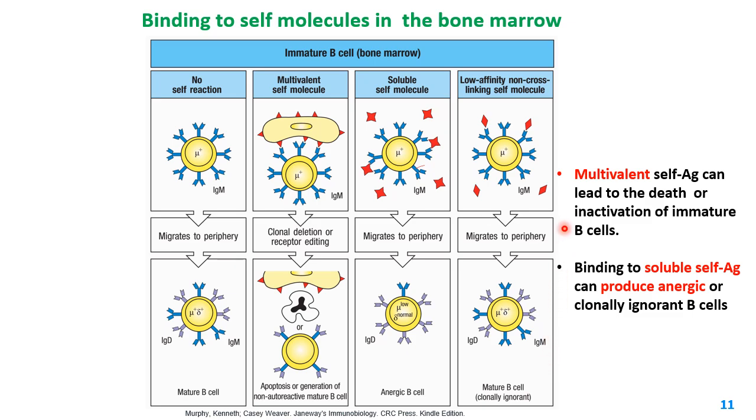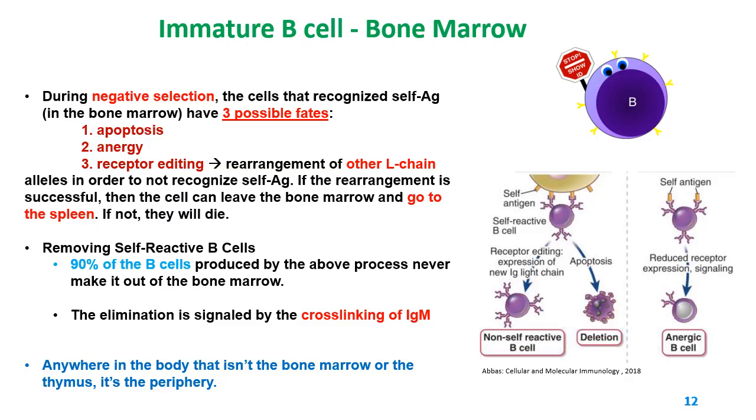The same type of idea goes with soluble and not very strongly binding self-antigens. You're going to produce anergic, oh, here's the zombie-like cell. Anergic zombie-like cells are important for tolerance mechanisms. So when your bone marrow is undergoing negative selection, you really have 3 fates for your B cells.